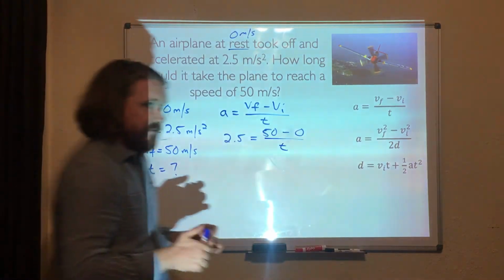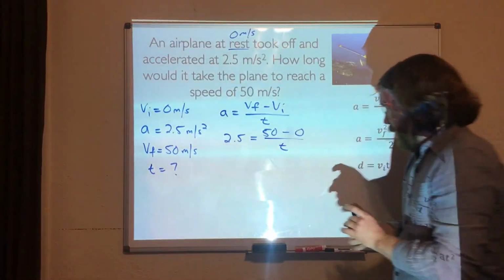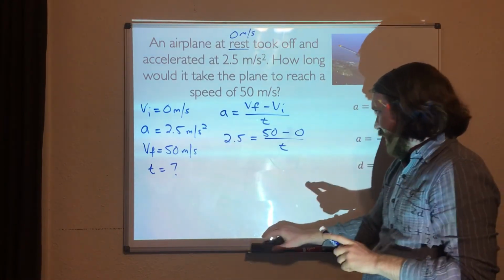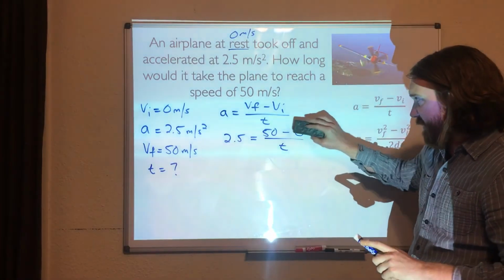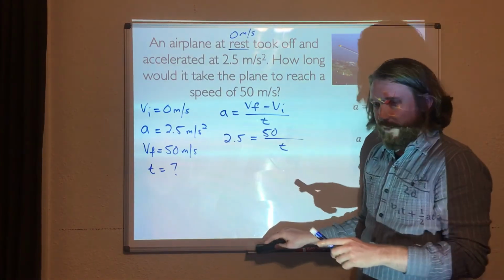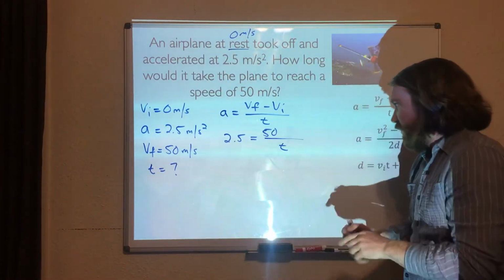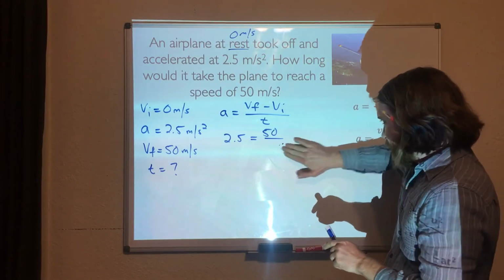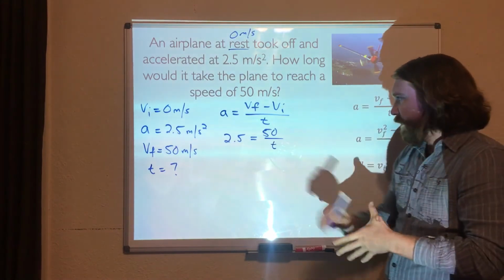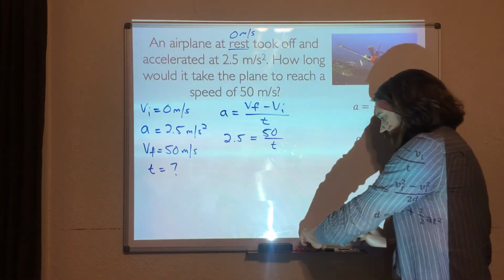Okay, so this is a step up. Now, the first thing I want to do is simplify this. 50 minus 0 is 50, so that can kind of go away. So now I have this. I'm just going to scoot this over. 2.5 equals 50 divided by time.